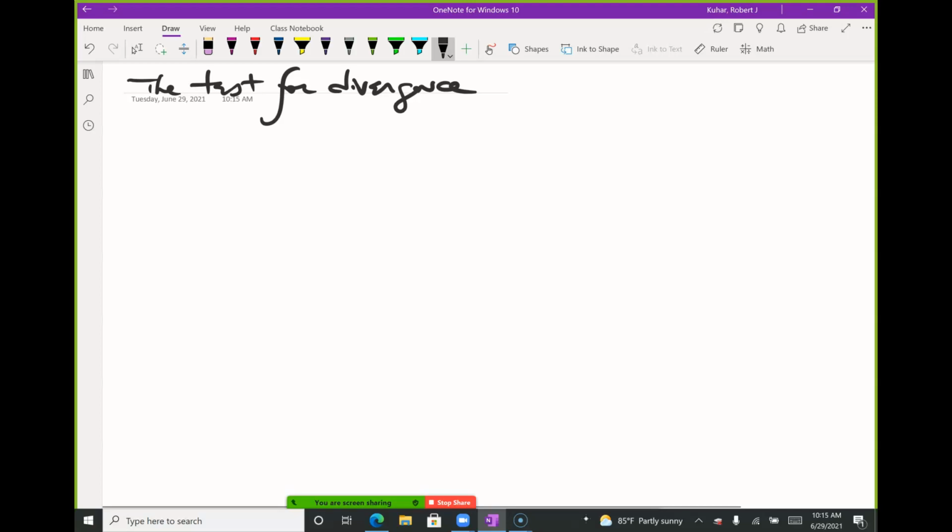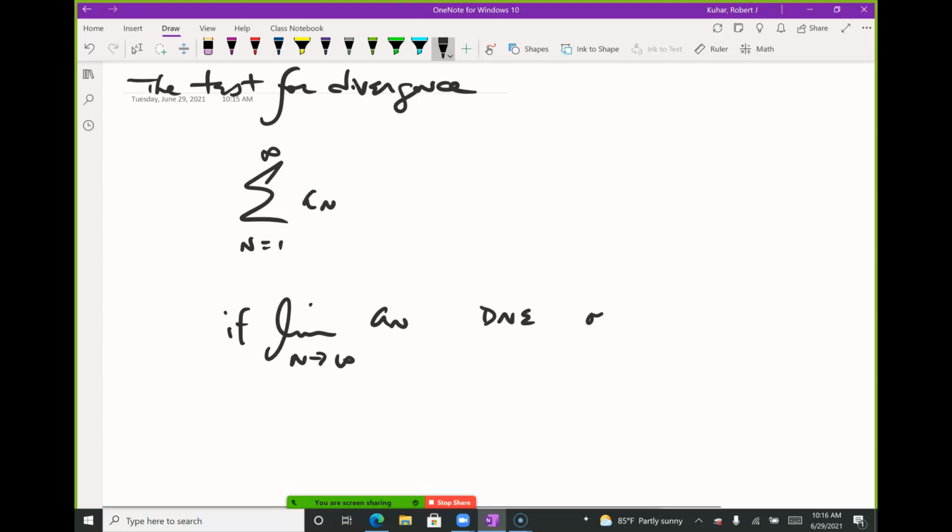If I've got a series from n equals 1 to infinity of a sub n, and the limit as n goes to infinity of a sub n does not exist or is infinite, or it does not equal 0, so say the limit goes to a billion, now I'm adding a billion a bunch of times.